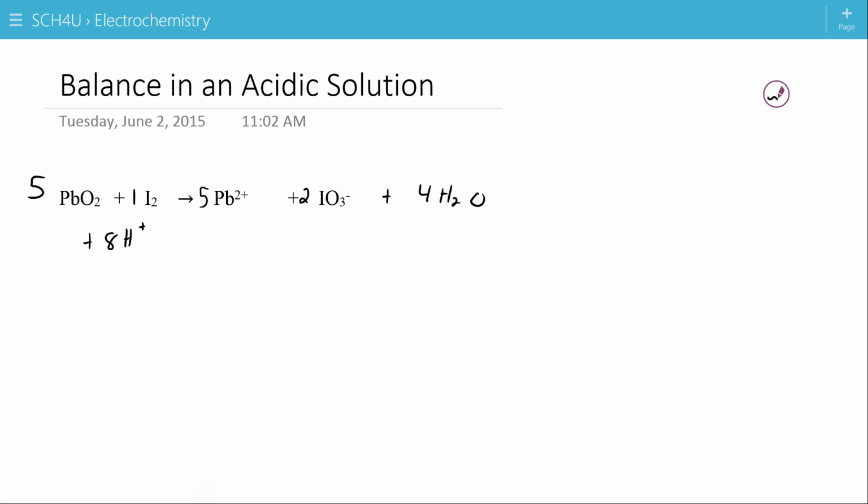No charge, so this side has a charge of +8. Plus 10 from the lead, minus 2 from the iodate, and so this side has a charge of +8. And so since +8 equals +8, I know that I've balanced this equation correctly. So that is balancing in an acidic solution.